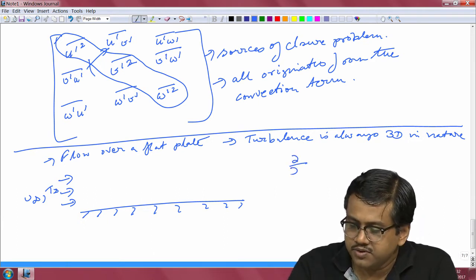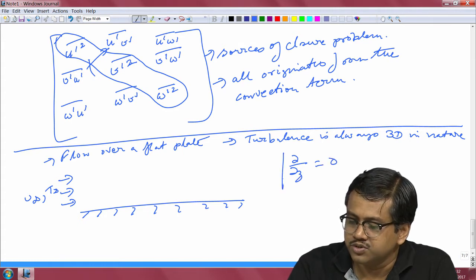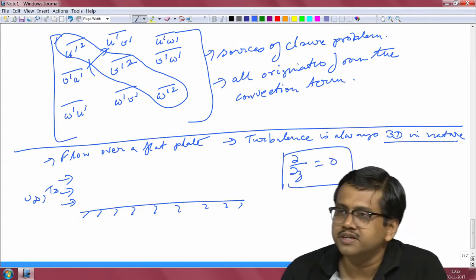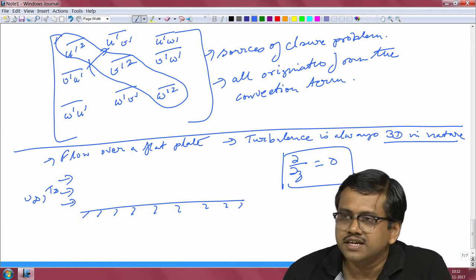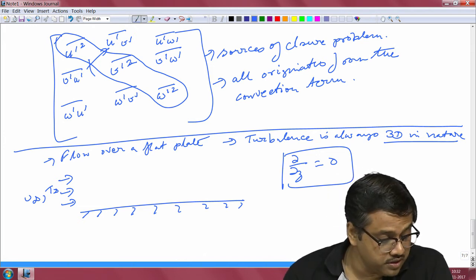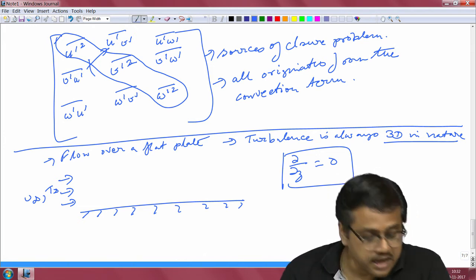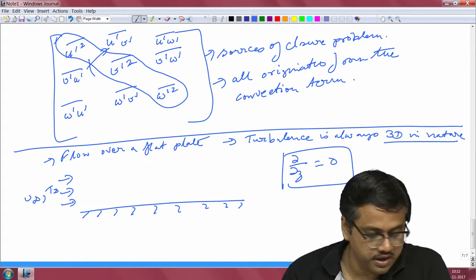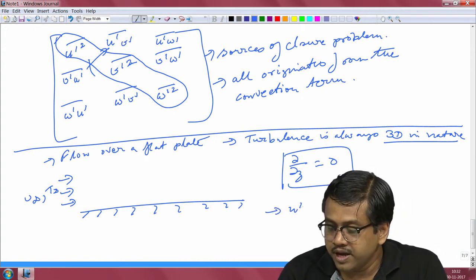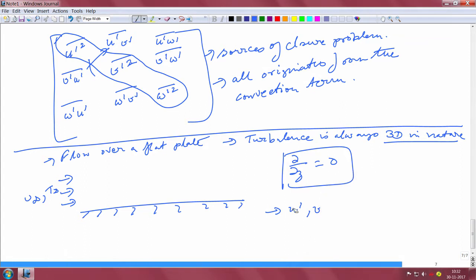And in this case we assume that these derivatives are equal to 0, though I say turbulence is 3D. Okay. Statistically you can say that it is a 2-dimensional flow. So, but these are kind of hand waving arguments. Okay. Also we say that u prime and v prime are of the same order.